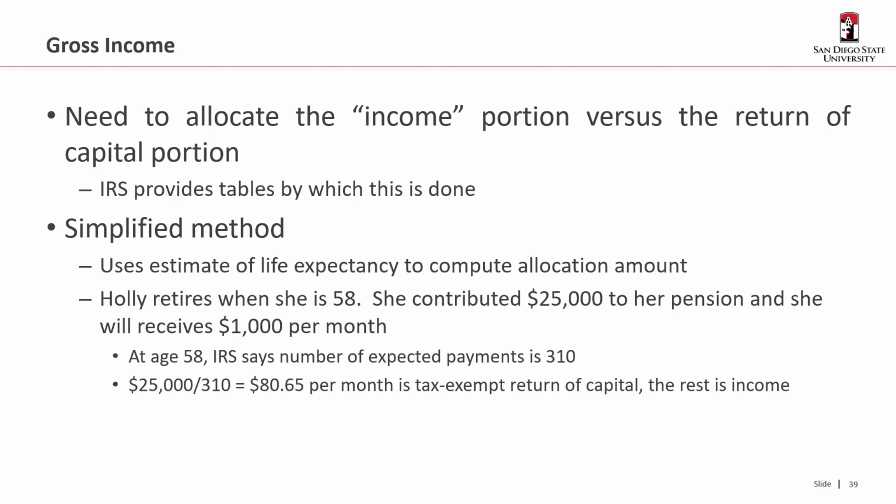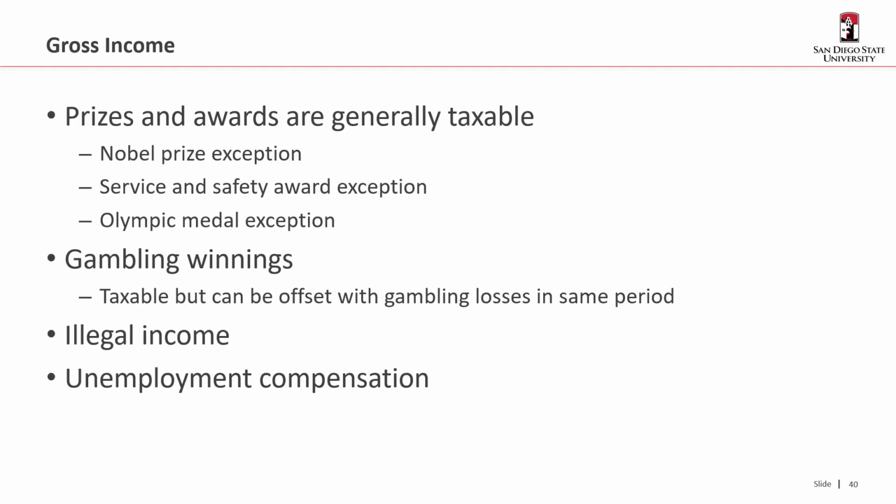So at age 58, the IRS would say the number of expected payments is 310, and that just comes from a table they produce. You take the $25,000 divided by 310, because that was her contribution, and you say, okay, well, $80.65 per month of the money she gets back is a tax-exempt return of her investment, and only the rest of that is going to be income to her.